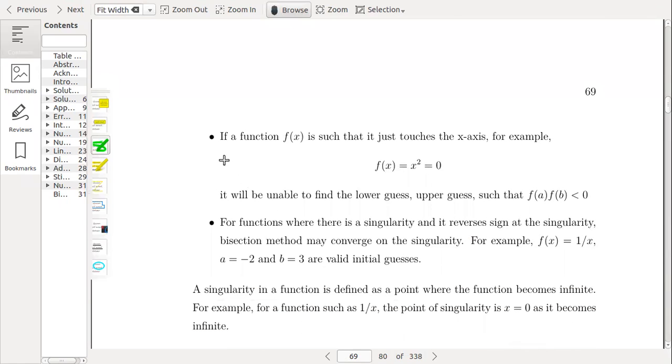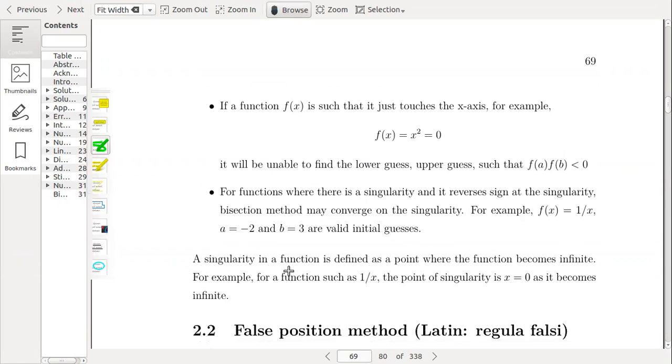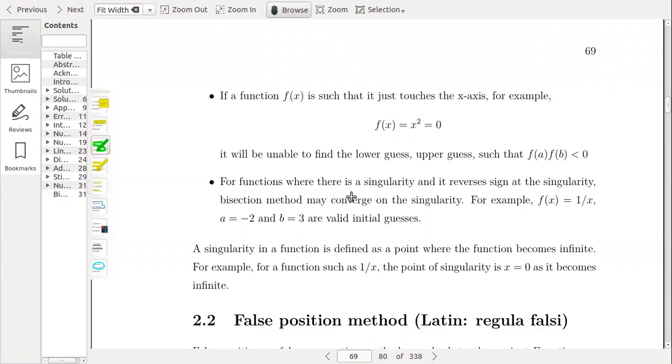Number three, if a function just touches the x-axis, for example a function like this one, it will be unable to find a lower guess and an upper guess such that the product f of a times f of b is less than 0. For functions where there is a singularity and it reverses sign at the singularity, the bisection method may converge on the singularity.